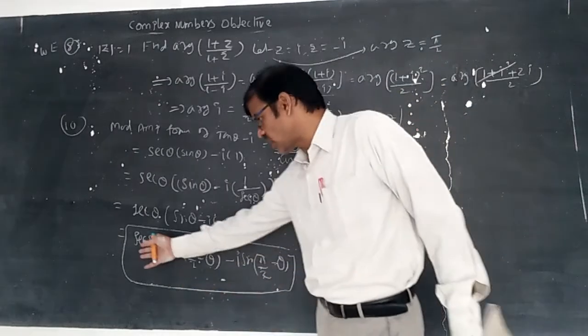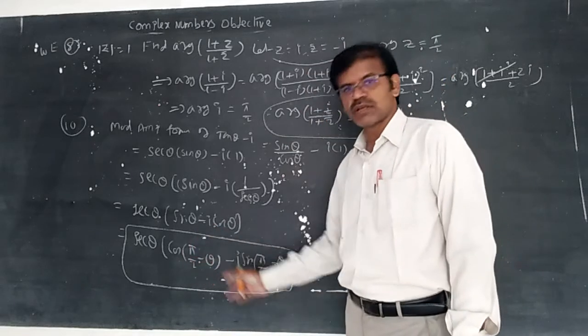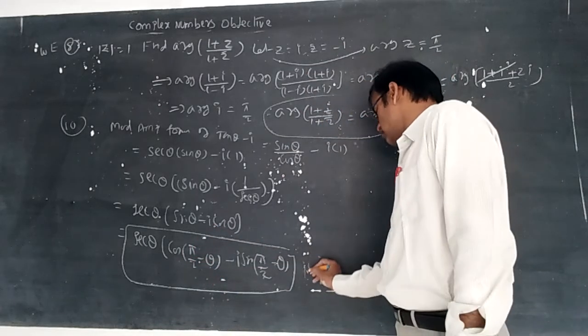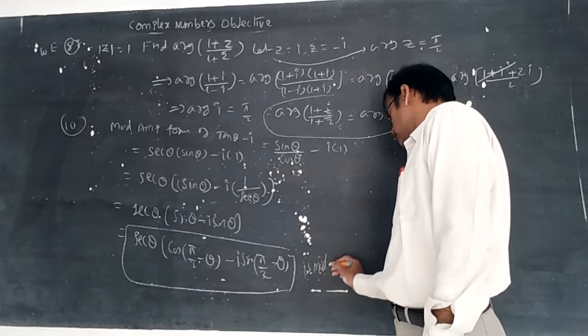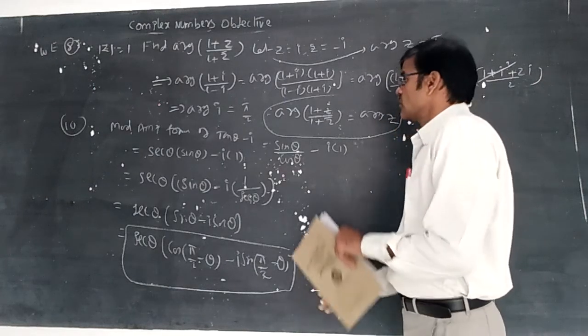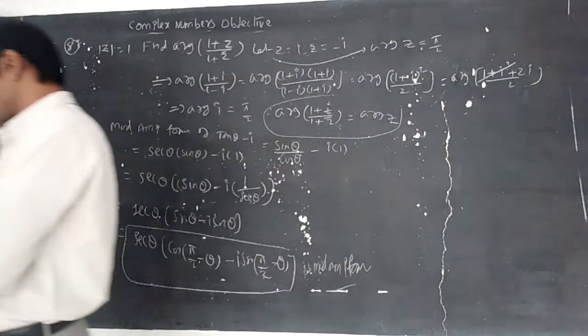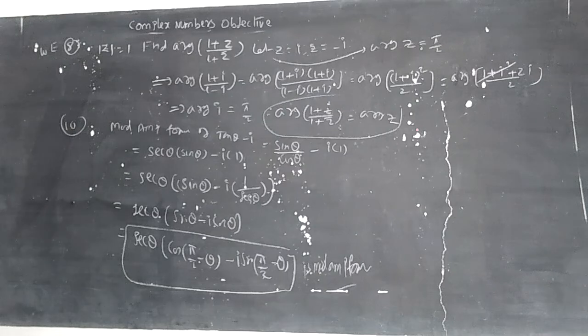There is no question of r being anything, but the form should be cos theta plus i sin theta. That is the modulus amplitude form. Now the 11th question is important, and depending upon this 11th question there will be a level 2 class 7th question.